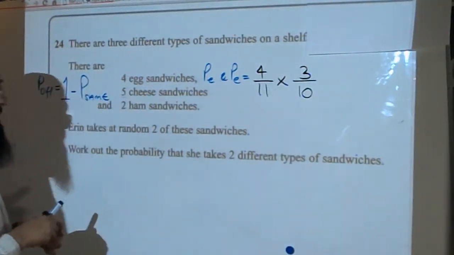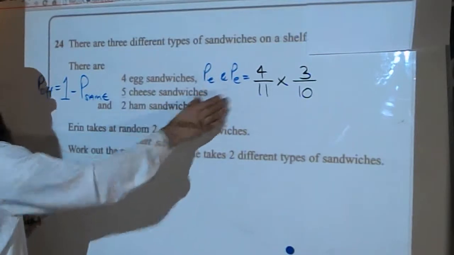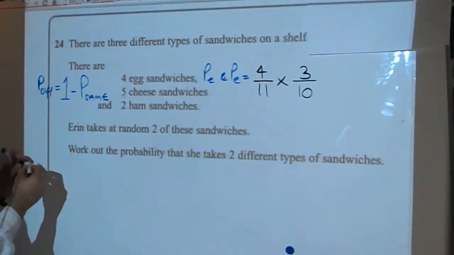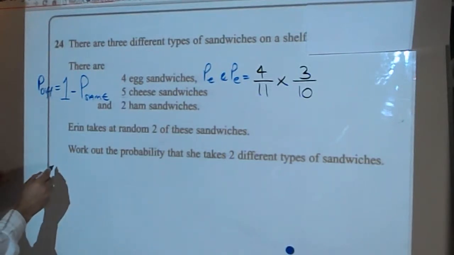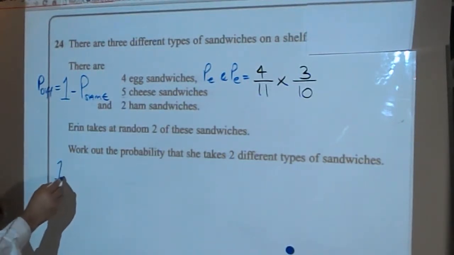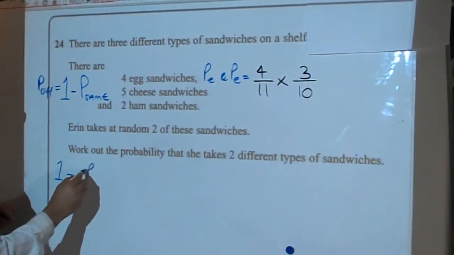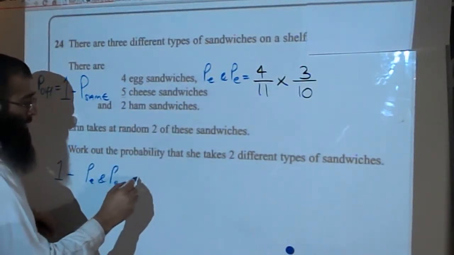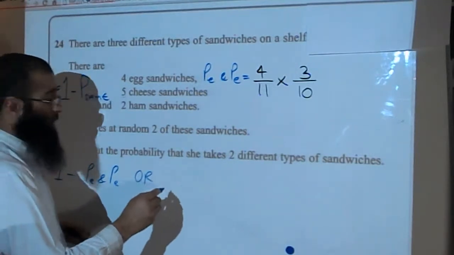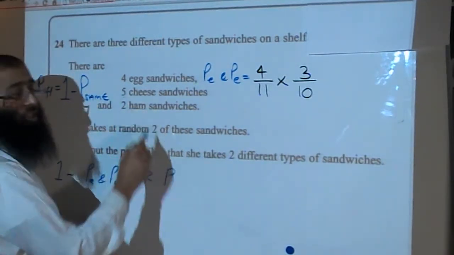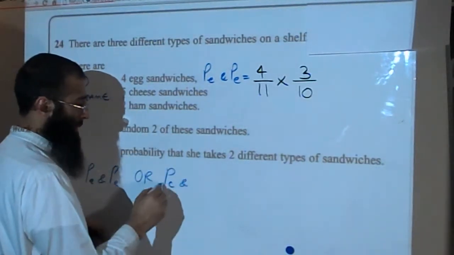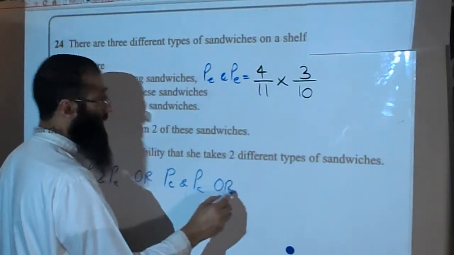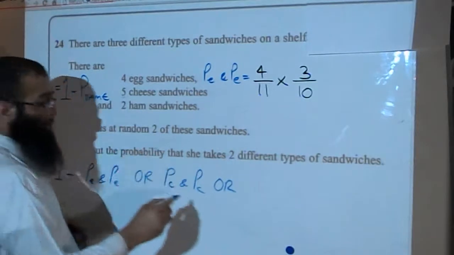Okay, I'm going to copy this bit down over here, and make it all into one nice big calculation. So the probability is 1 minus the probability of an egg and an egg, or the probability of a cheese and a cheese, or the probability of a ham and a ham.